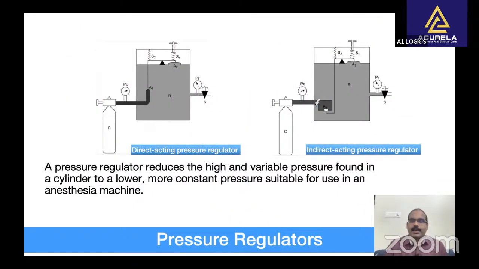To maintain a constant flow with changing supply pressure, the anesthesia machine is fitted with pressure regulators. A pressure regulator reduces the high and variable pressure found in a cylinder to a lower, more constant pressure suitable for use in an anesthesia machine.